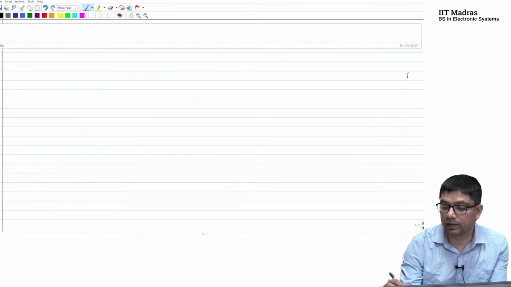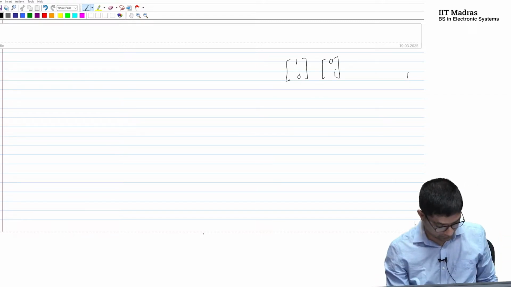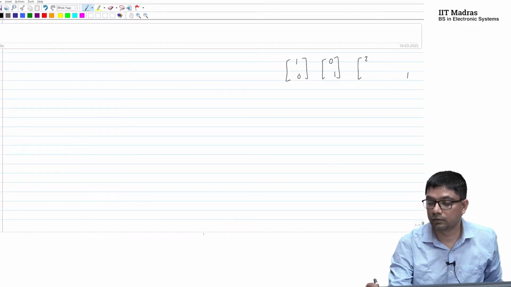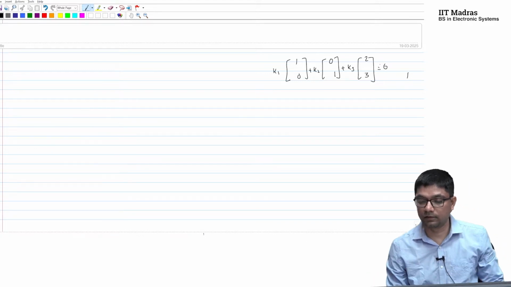Okay, so I'm looking at vectors of the form 1, 0, 0, 1, and 2, 3. So I want to find numbers k1 times the first vector, k2 times the second vector, k3 times the third vector equal to 0.